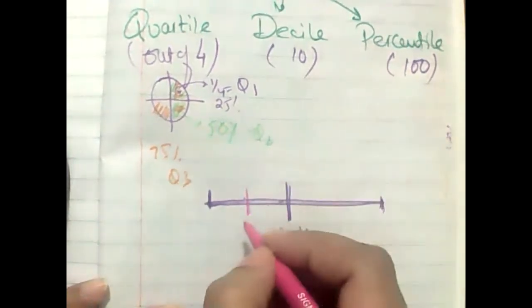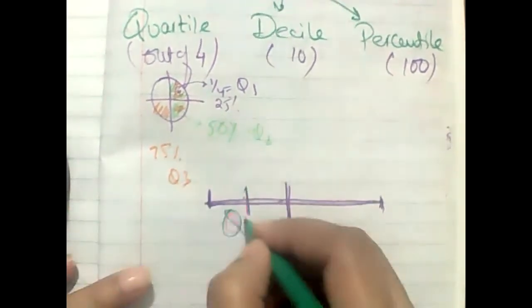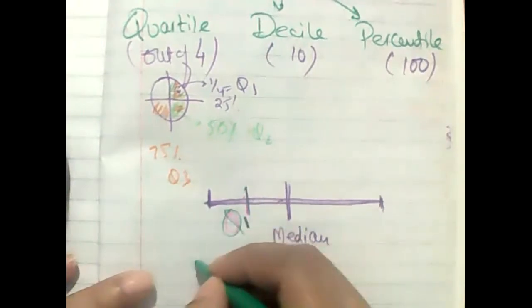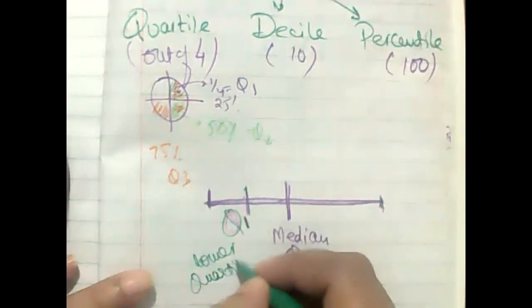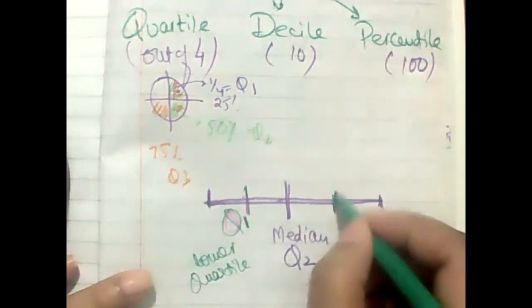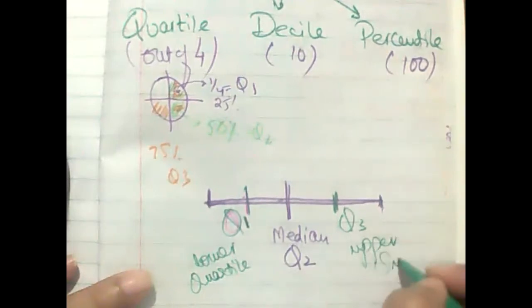Let's call it Q1, which is the lower quartile, and this is Q3, which is the upper quartile.